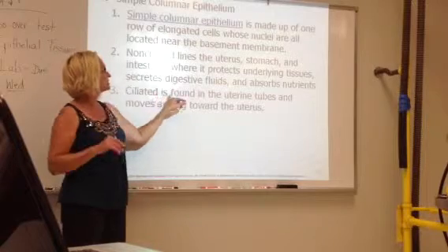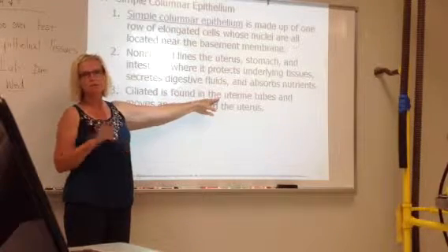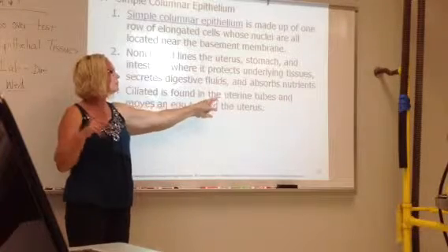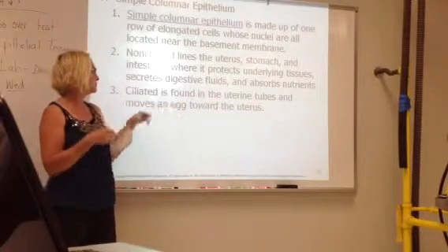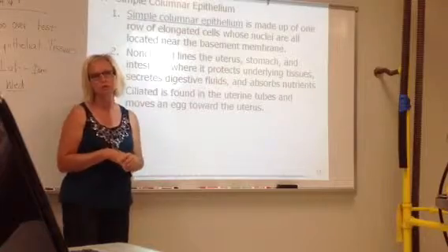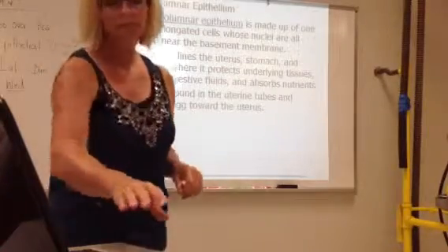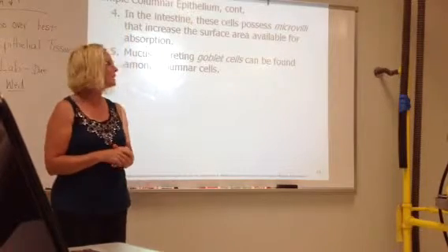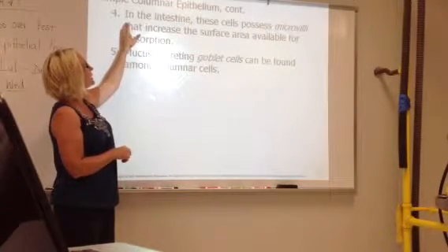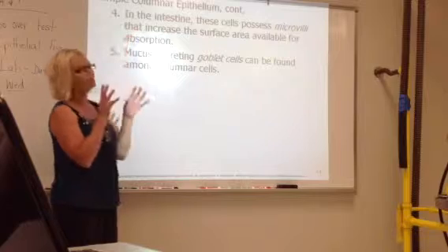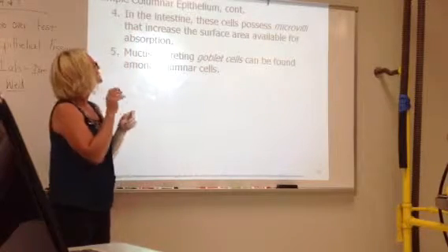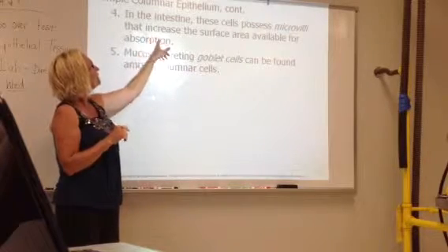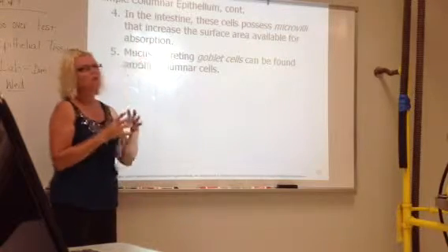Ciliated, with the little hairs, uterine tubes to help move the egg along. The cilia are going to flow. So uterine tube moves the egg towards the uterus. In the intestines, some of the columnar epithelial have little microvilli, which are actually smaller than cilia, they increase the surface area.